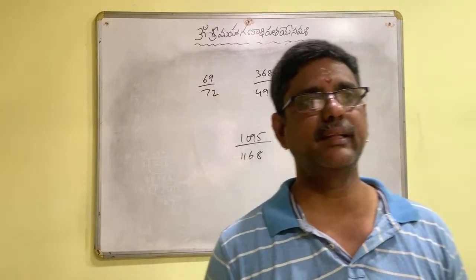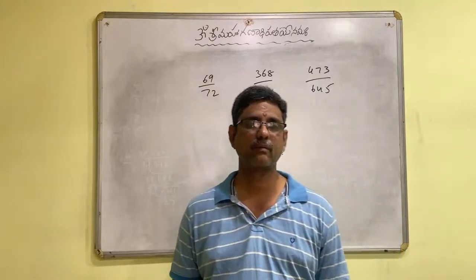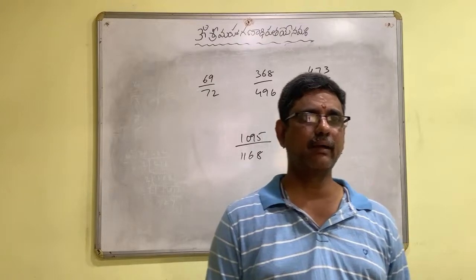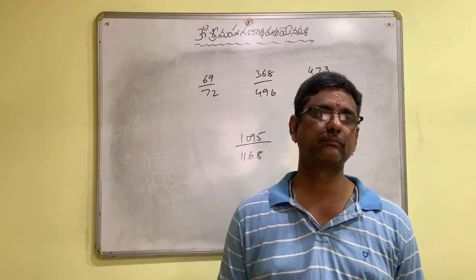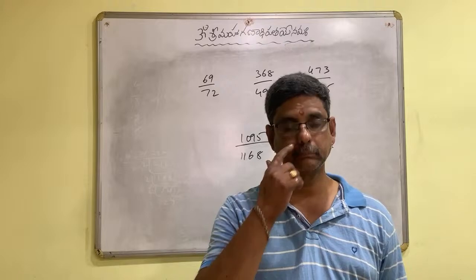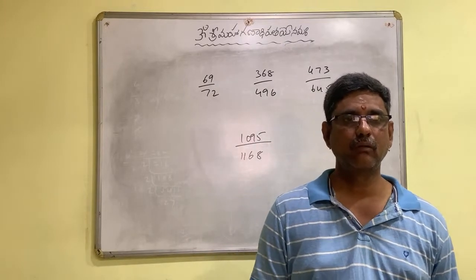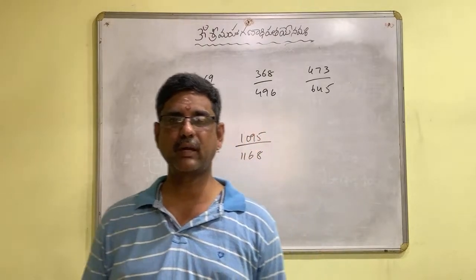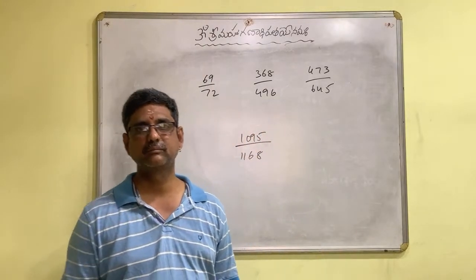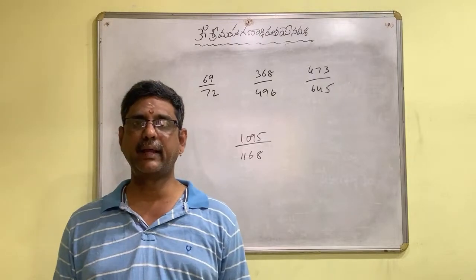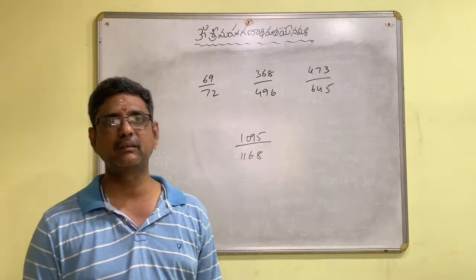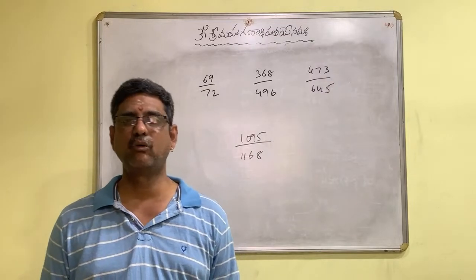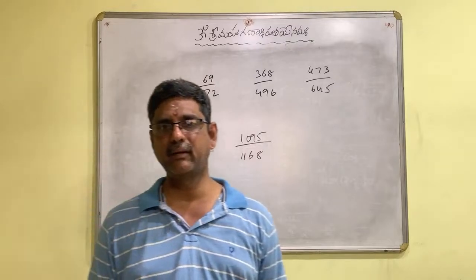Just you need to simplify that. 23 by 24. First one 23 by 24. 3 2s are 6, 3 3s are 9, 3 4s are 12. 23 by 24 is right.